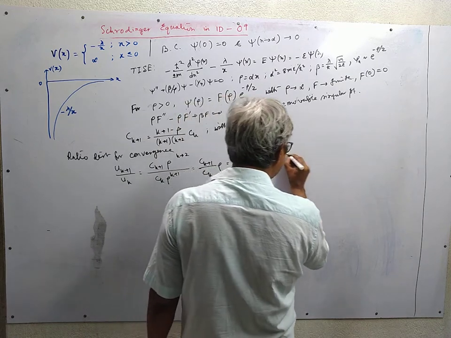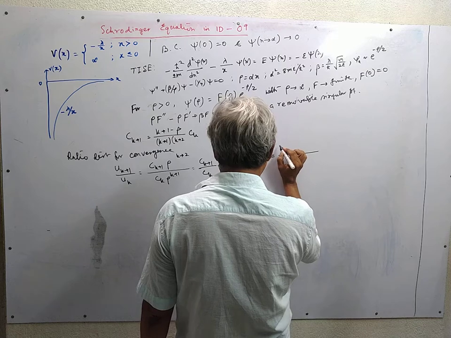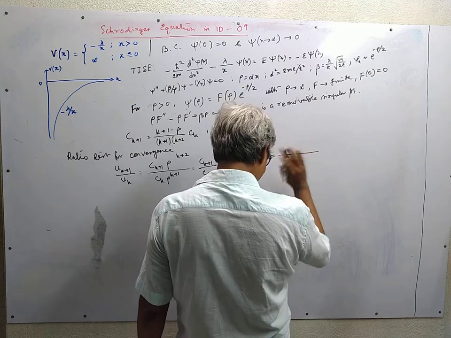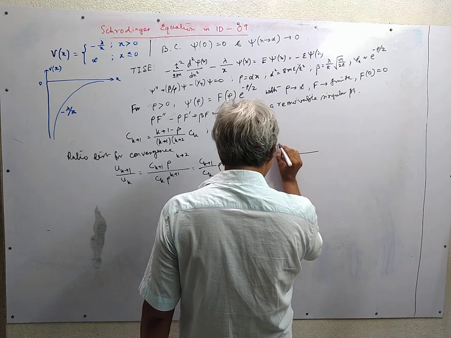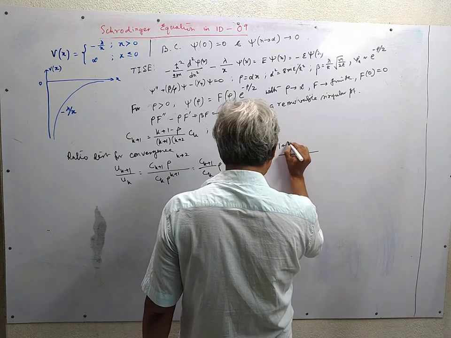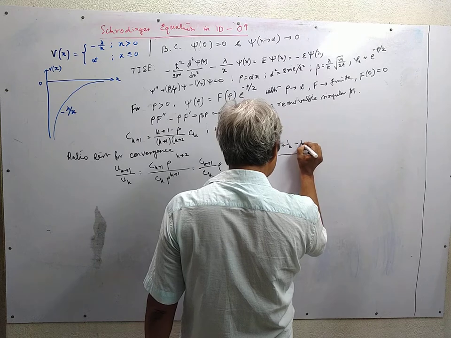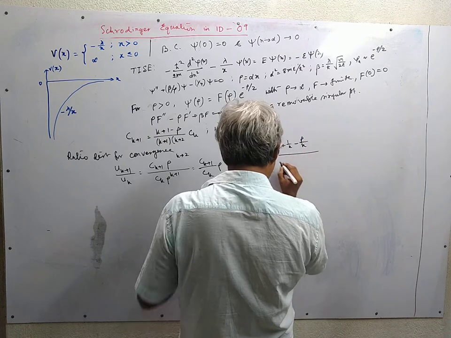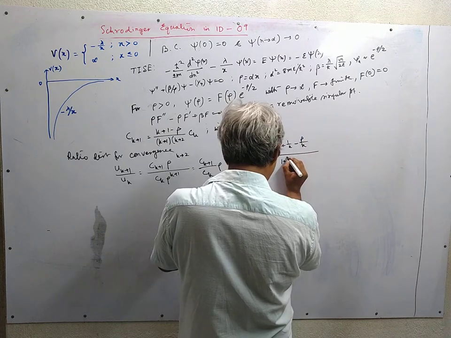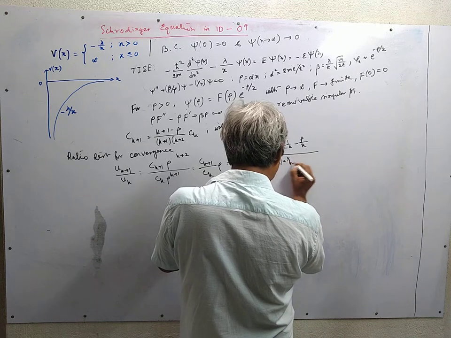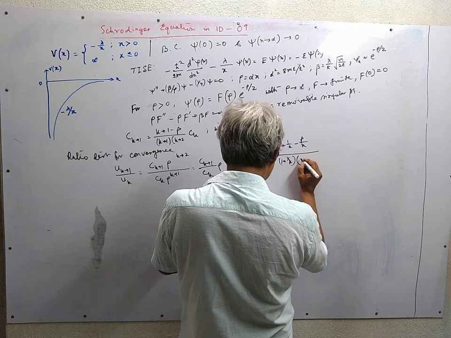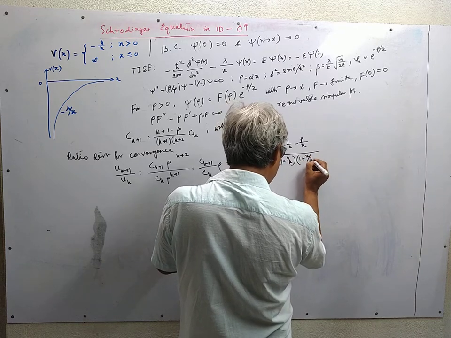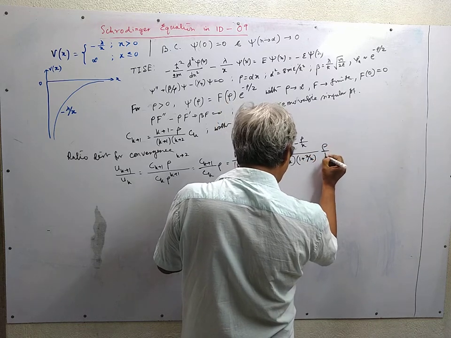This can be written dividing both numerator and denominator by k square. It is 1 plus 1 by k minus beta by k, over 1 plus 1 by k, 1 plus 2 by k, and it is rho by k.